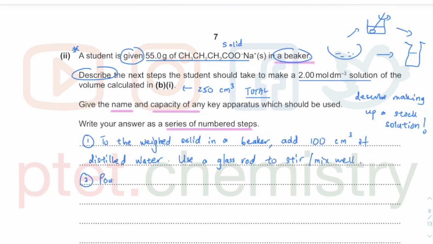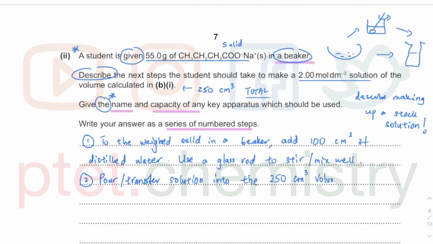So pour, or you can say transfer, the solution into the. Do not forget, you haven't specified the apparatus yet. You haven't specified the name and the capacity yet. It's because there's only one apparatus you need. Okay, into the 250 cm cube volumetric flask.